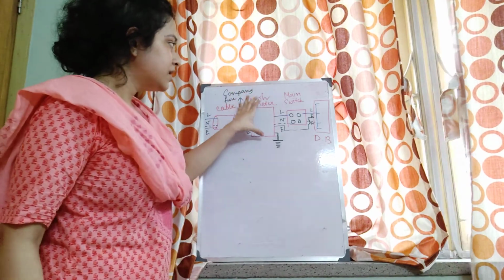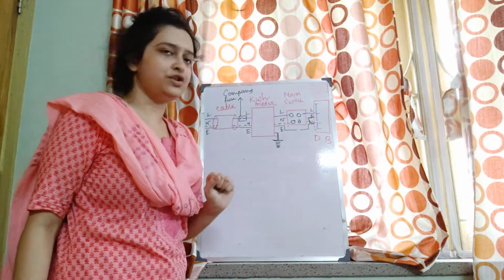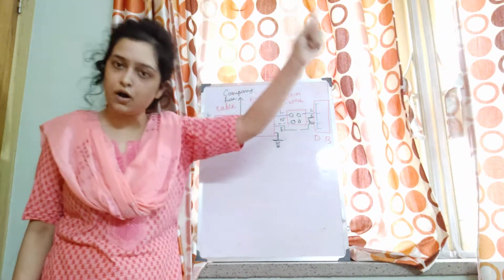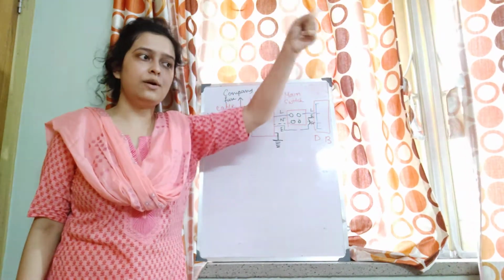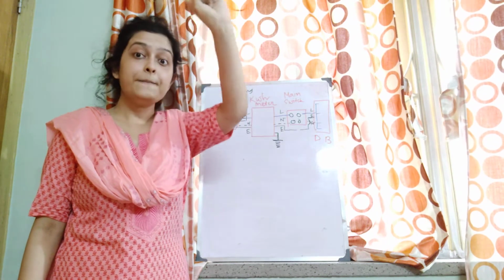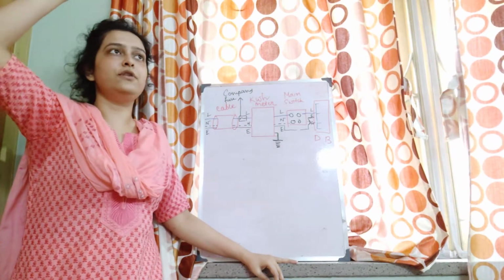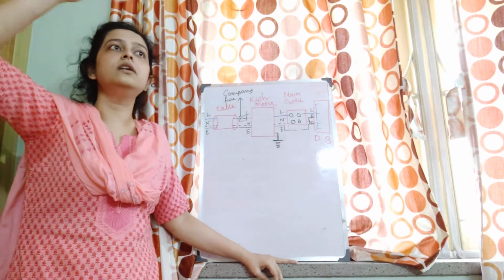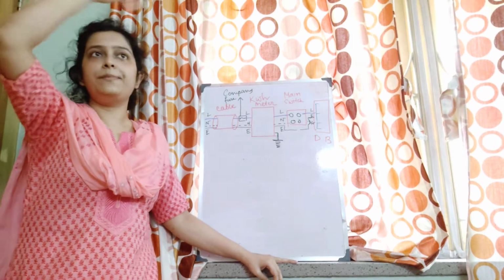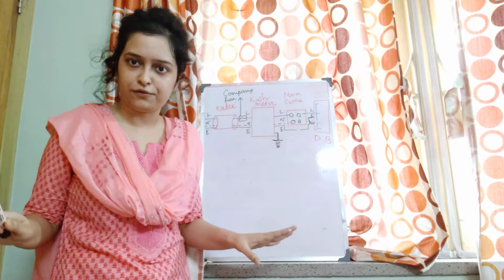Again, connections run from the kilowatt hour meter to a main switch, the main switch in your house. From the kilowatt hour meter, the connections are now running to the main switch of your house, which you can operate. If you switch it off, whatever appliances you have in your house, everything will be switched off.